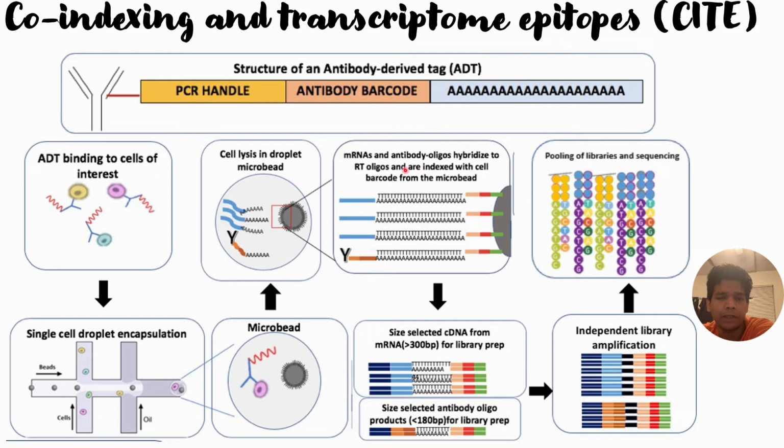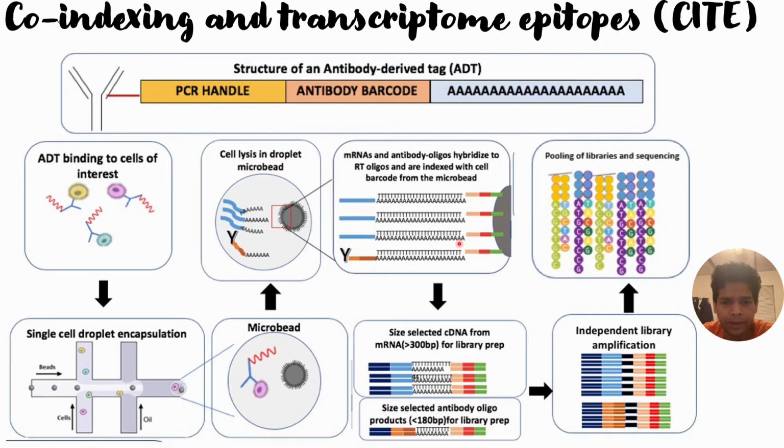After this step, all the mRNAs that belong to a single cell are barcoded with the antibody barcode tag, to which the antibody had bound on the cell surface before the cell was lysed.